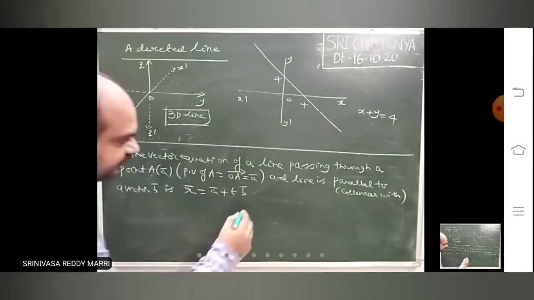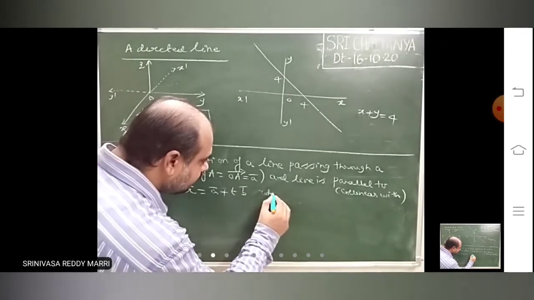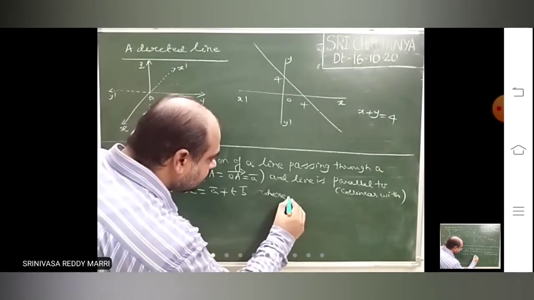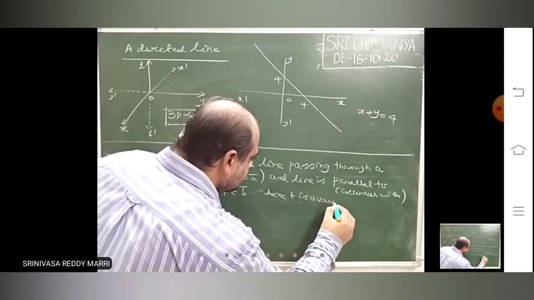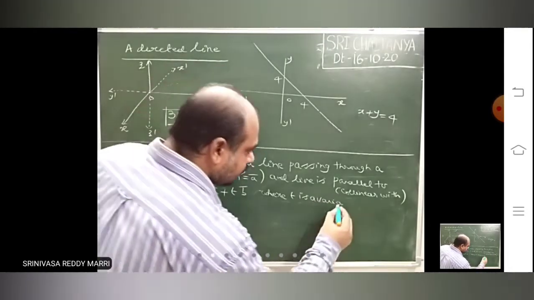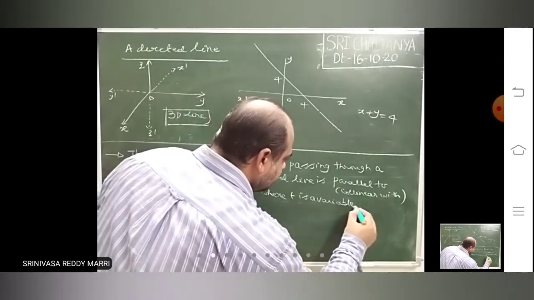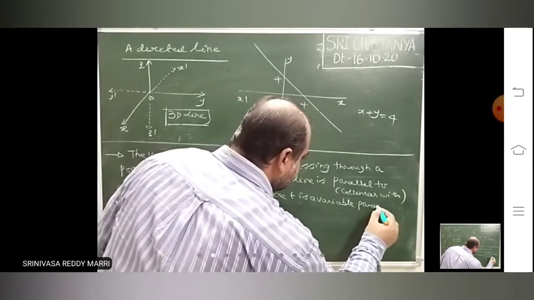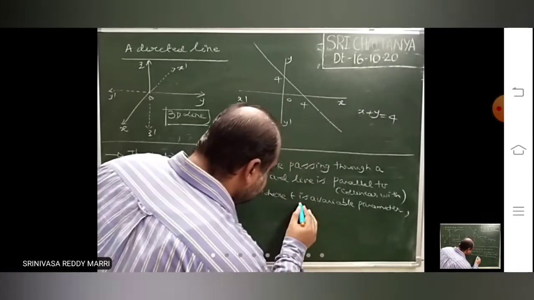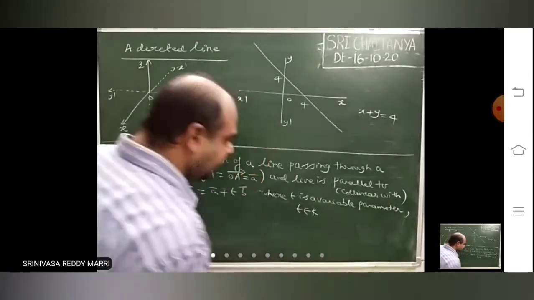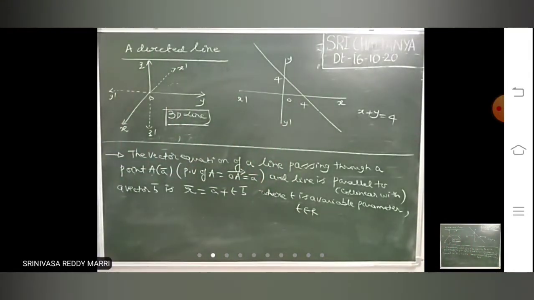A bar plus t B bar, where t is a variable parameter, comma, t is a real number, a scalar, that is t is a real number.